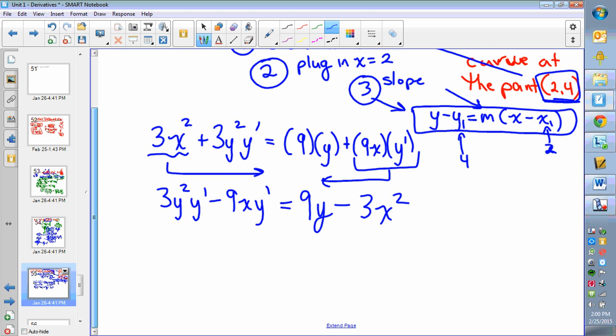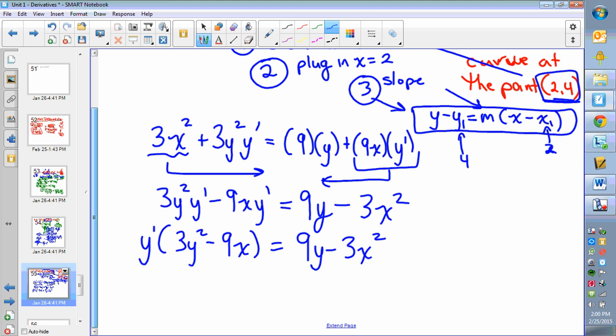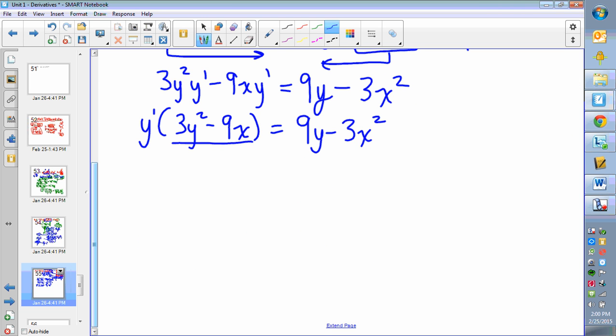Let's common factor the y prime out of here, and you get 3y squared minus 9x equals 9y minus 3x squared. Divide both sides by that term. 9y minus 3x squared over 3y squared minus 9x.